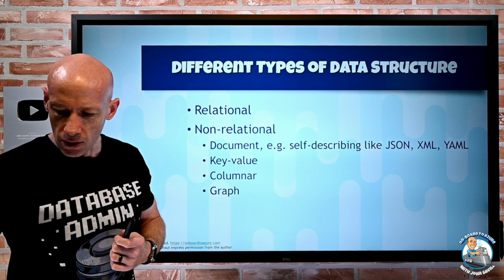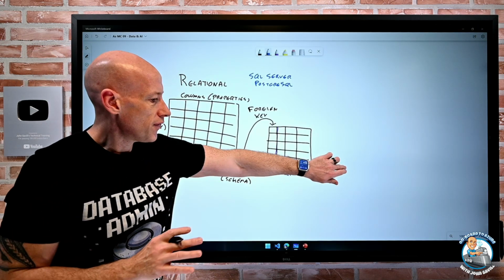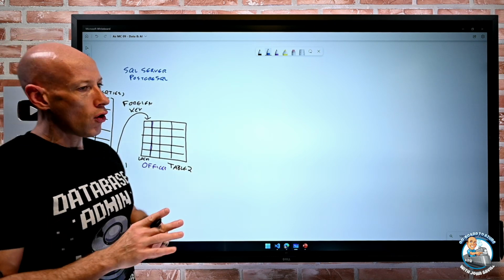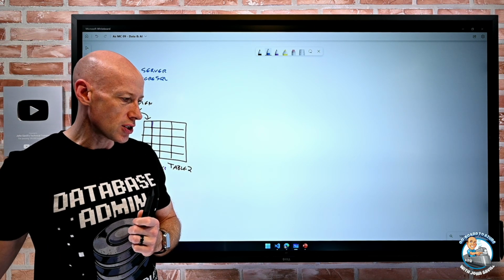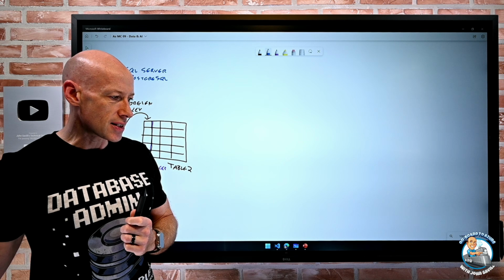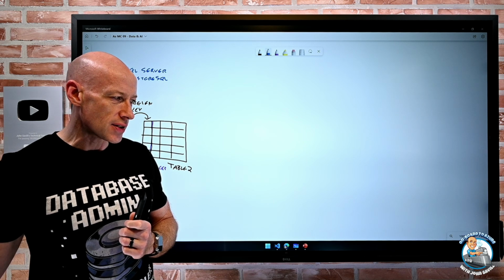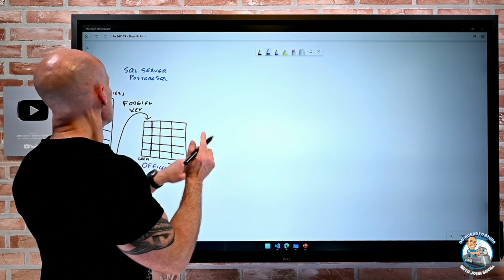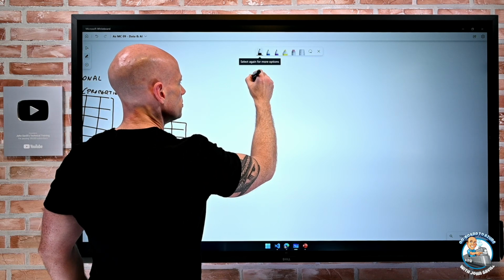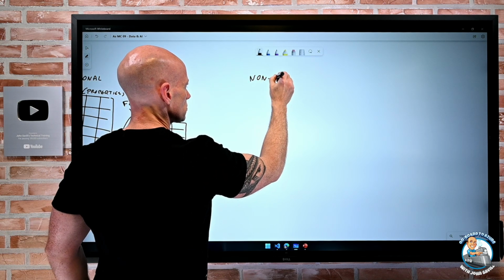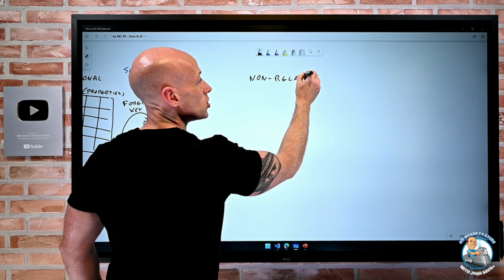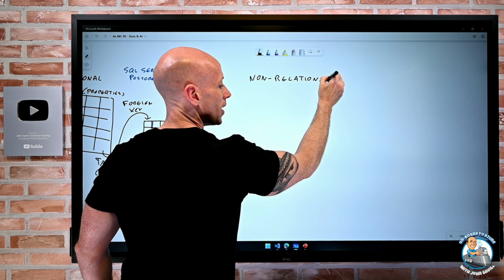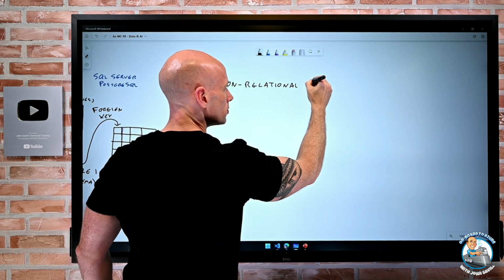So if I shift now over to the idea of non-relational, so it's not just this very strict, hey, I've got this schema, I've got other types of data. So now let's do non-relational. And again, you could hear it referred to as NoSQL.